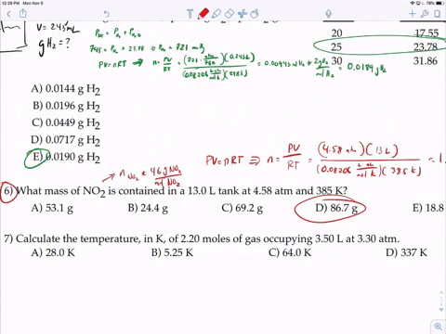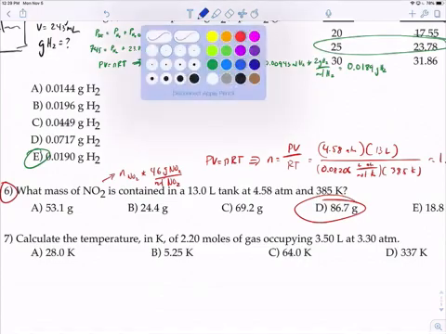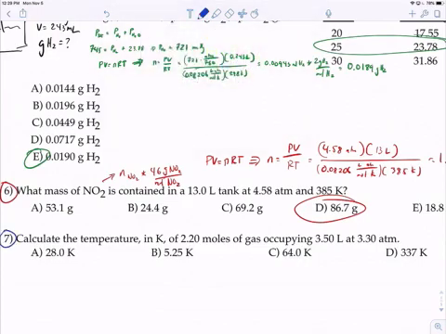All right, time to switch it up. Calculate the temperature in Kelvin of 2.2 moles of gas occupying 3.5 liters at 3.3 atmospheres. So PV equals nRT, which implies temperature is PV over nR. Finally, something different.